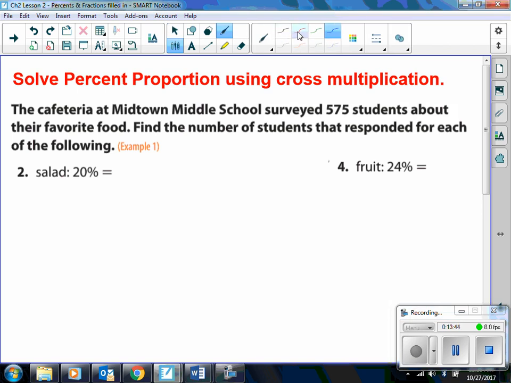So here, we're going to set up a proportion, and the formula for the proportion, the percent proportion, is percent over 100 is equal to the part over the whole.